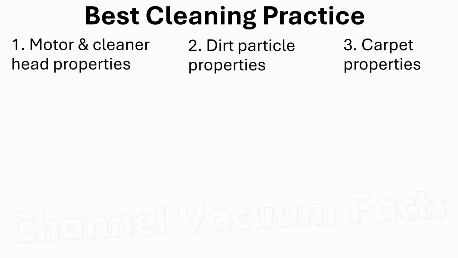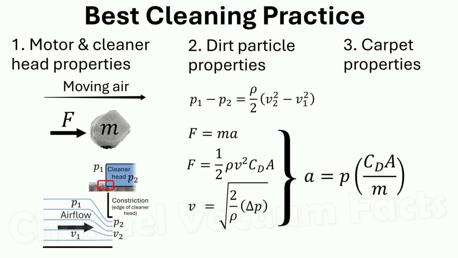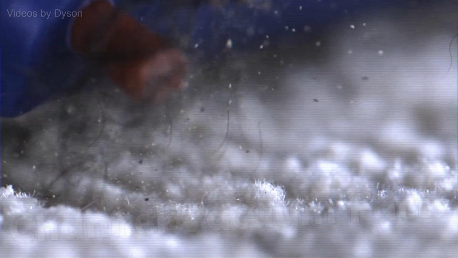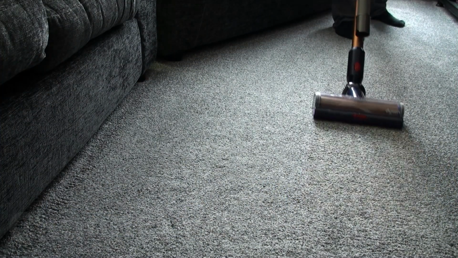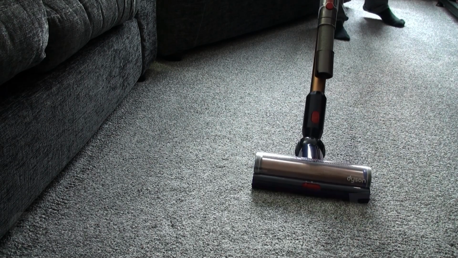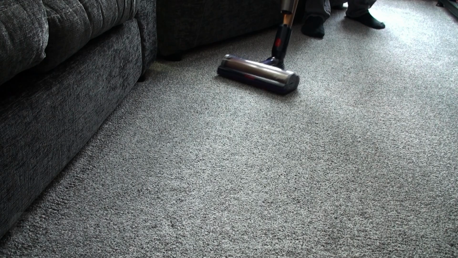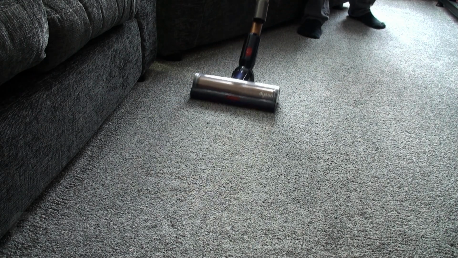Understanding this physics shows best cleaning results are achieved by maximising the time that high airspeed is travelling through the pile by having high suction, whilst it's being flexed repeatedly by a brush bar to release netted dirt between the fibres. It's good to move the head reasonably slowly on both forward and backward strokes, and let the cleaner head simply groom the carpet for you, which is also less tiring with higher suction levels.